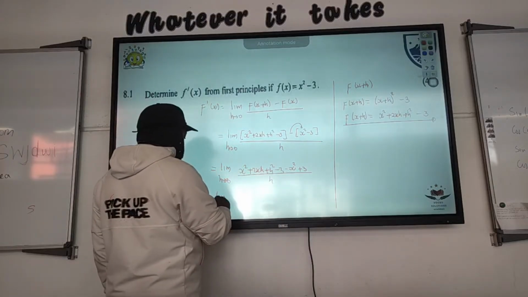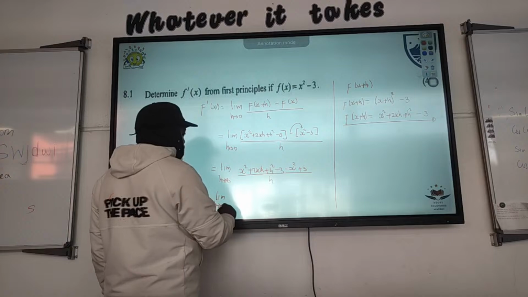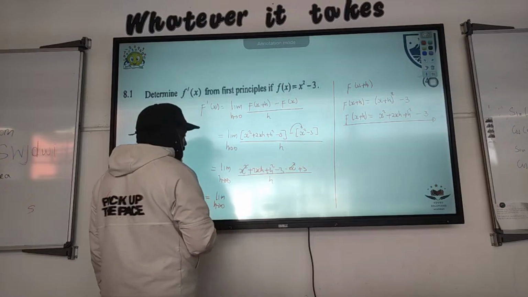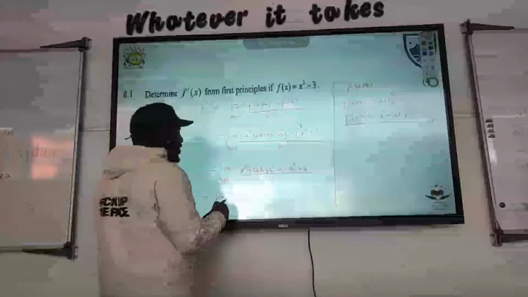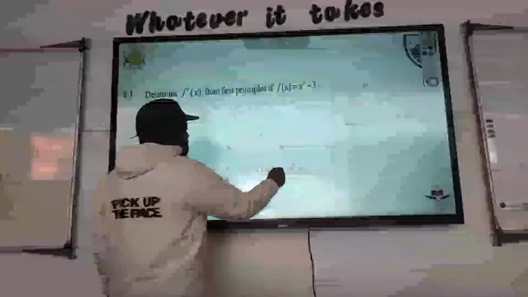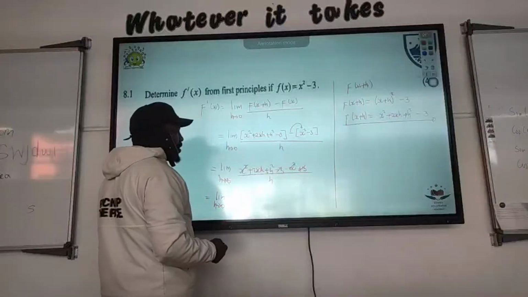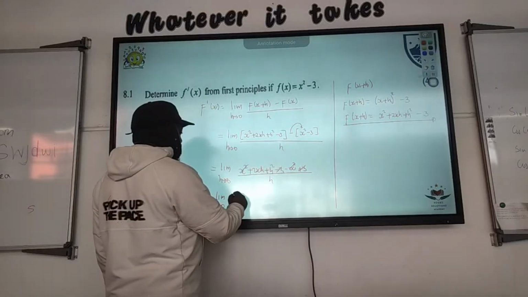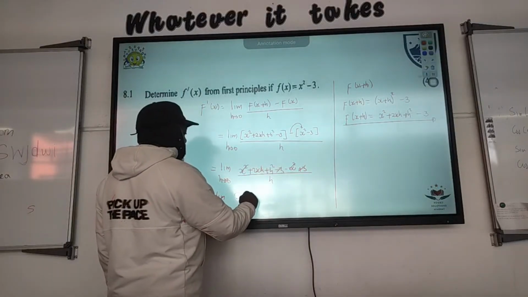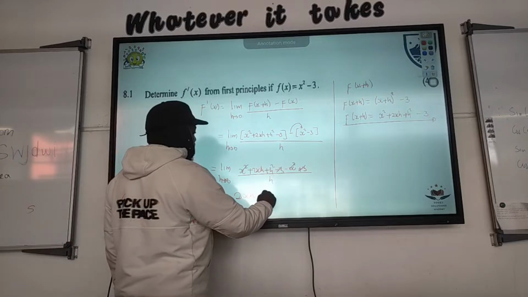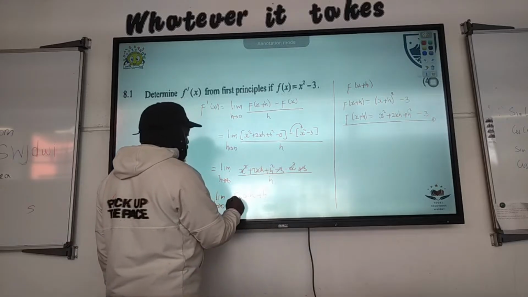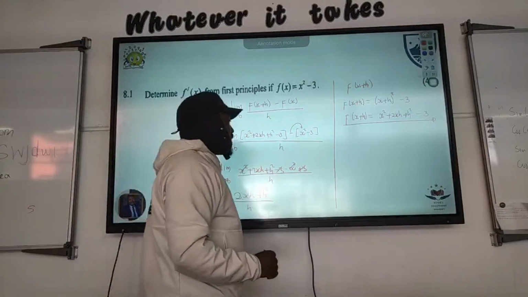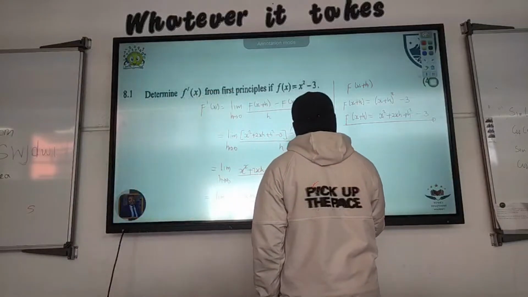And the limit when h goes to 0: the x squared will cancel the x squared, and negative 3, its additive inverse is positive 3. So I'm just left with 2xh plus h squared at the top divided by h. And then I'm going to continue this side.